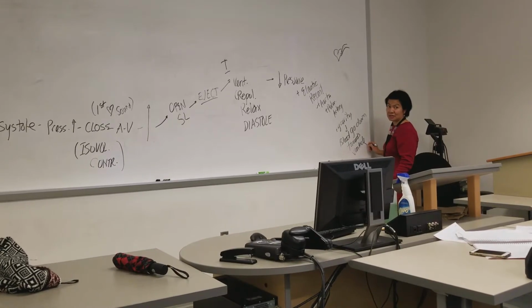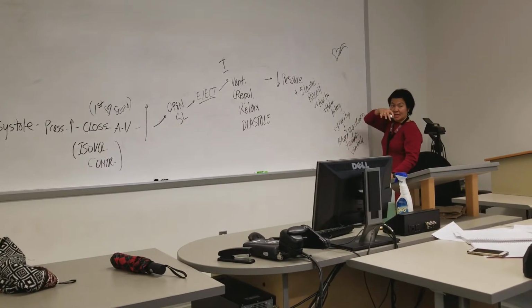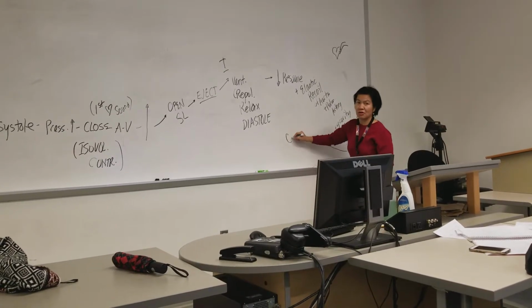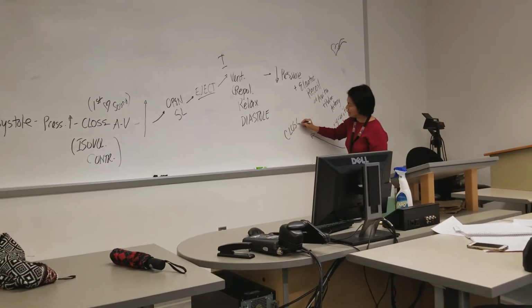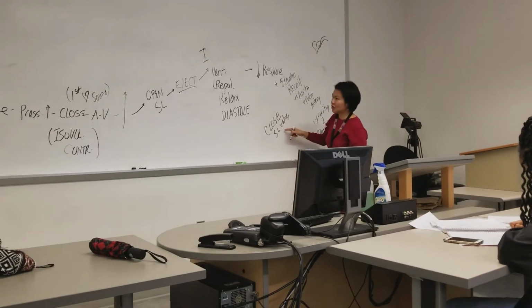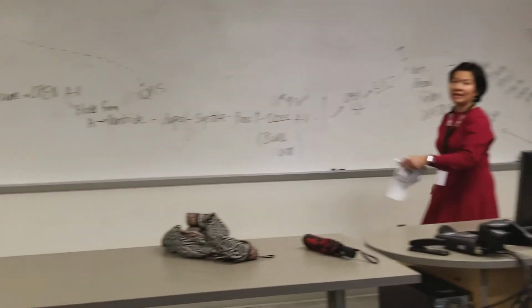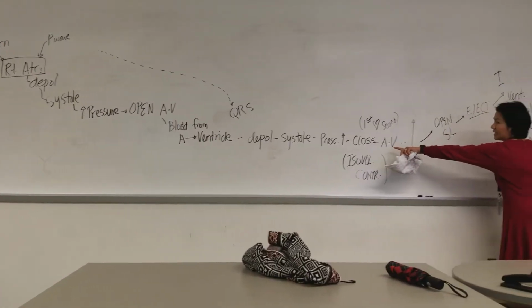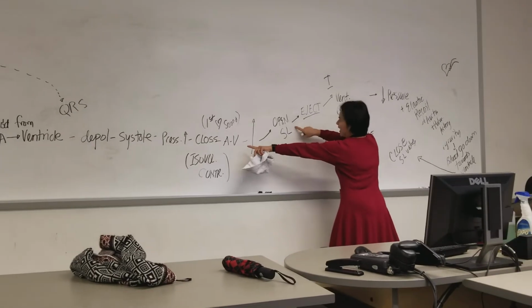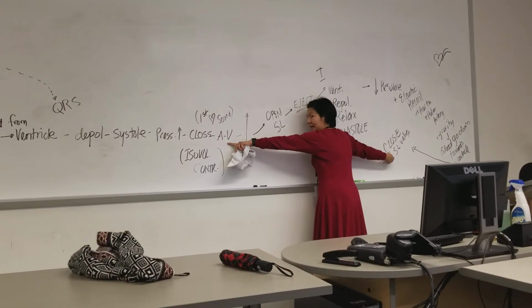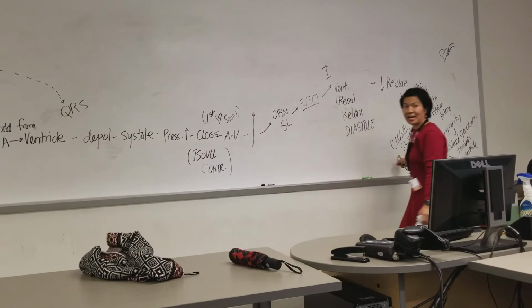And that blood going down, that's what will close your semilunar valves. Close semilunar valves. So look at, now we're back to all valves closed again, right? Because here we close the AV, here we open the SL, but now we're going to close the SL again, so now all the valves are closed again, right?